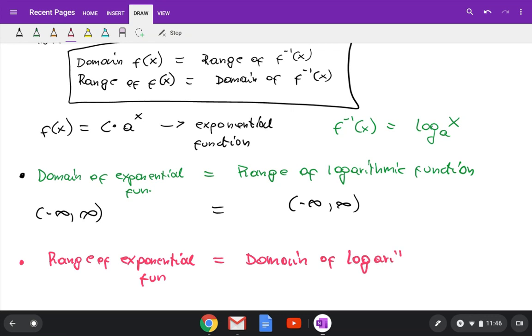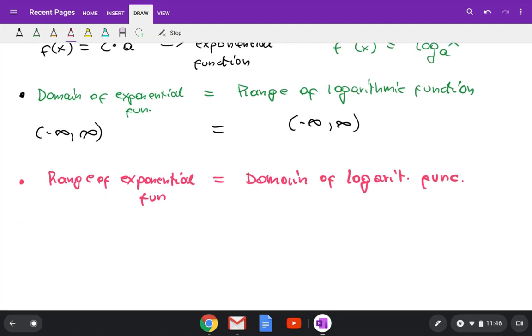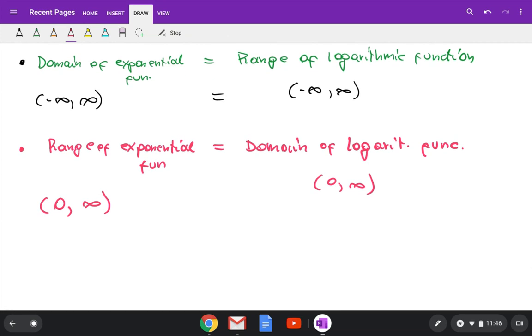Since we already learned about the exponential function, its range was from 0 to infinity. That means the domain of the logarithmic function will be from 0 to infinity. And you're going to see that on the graph in a second. Okay, let me just pause for a second.